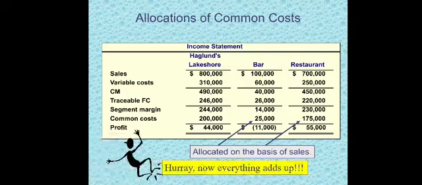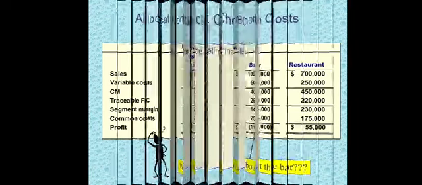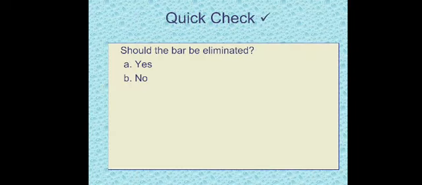You will make wrong conclusion about the performance of each segment. Sometimes when you allocate the common cost, a segment that is profitable becomes unprofitable. So you will make wrong conclusion about the segment.